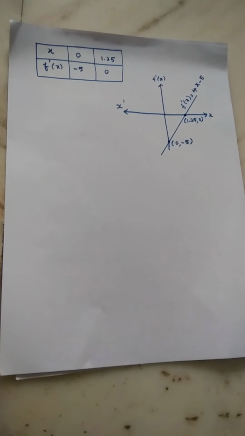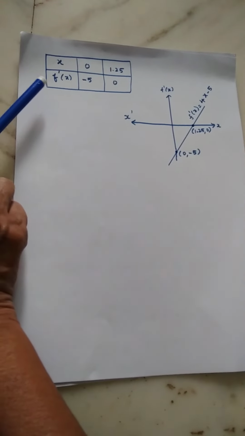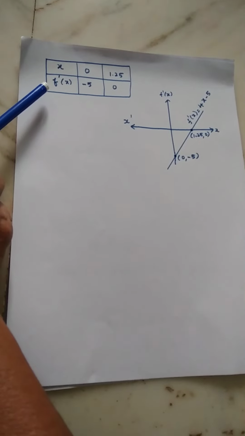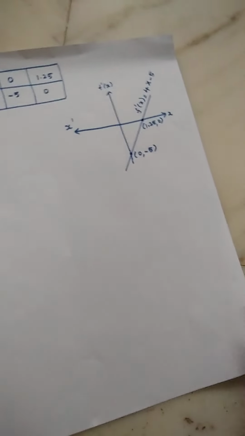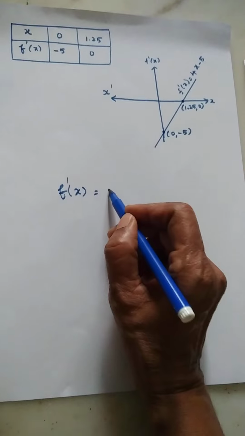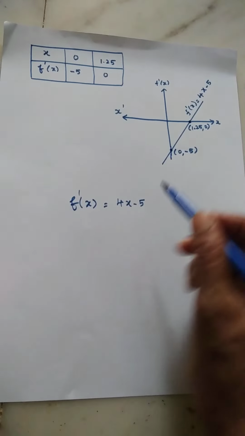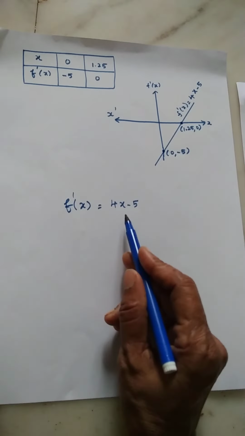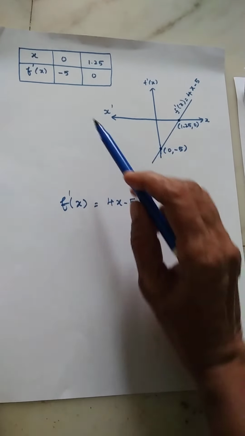Now you want to draw the graph. For drawing, x, y. Here instead of y we have f dash of x. So write x, f dash of x. Substituting values, you have f dash of x is equal to 4x minus 5. For x you substitute 0. So when x is equal to 0, 4 into 0 is 0, 0 minus 5, minus 5.